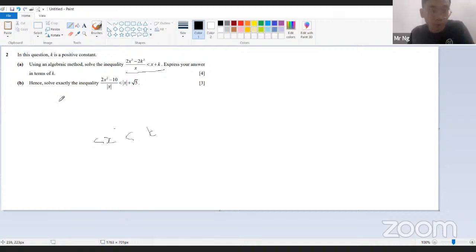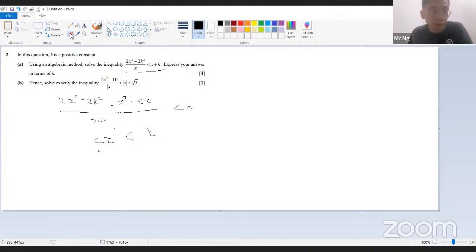What we usually do is we will always make one side become zero. So divide by x. So here minus x squared, then after that minus kx, that's a zero.